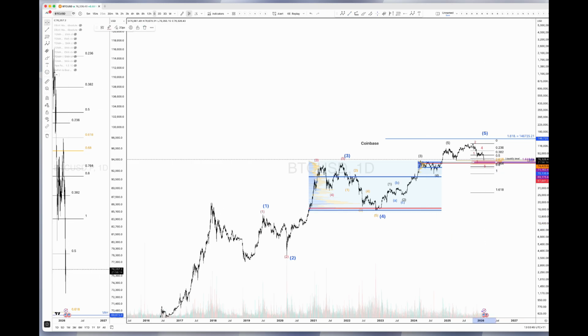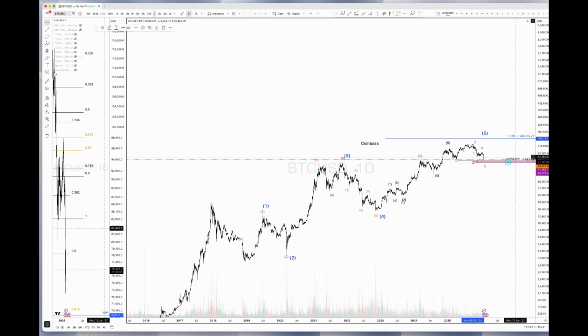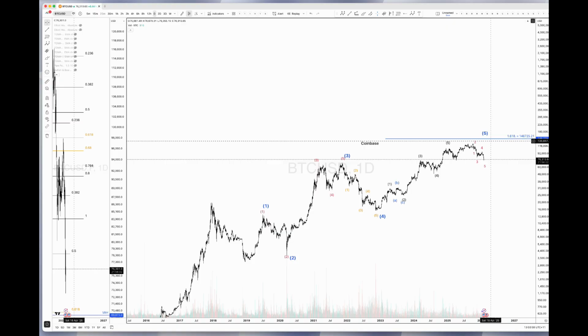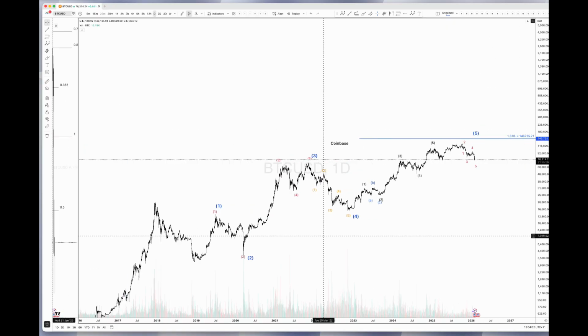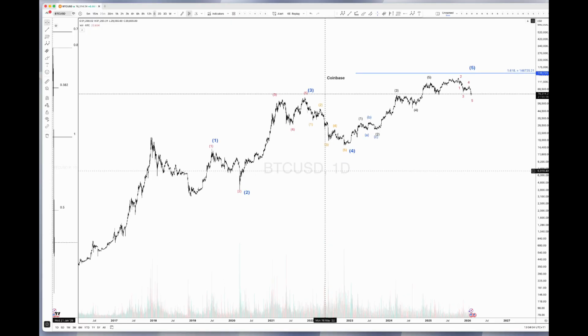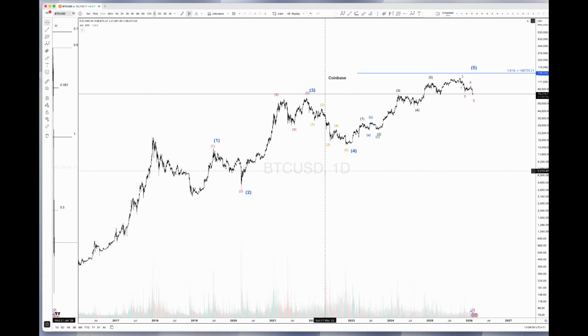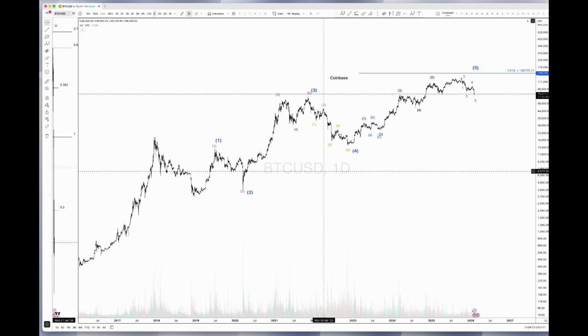Let's clear all that. So let's look at it from a trend line and moving averages perspective and see how this fares.